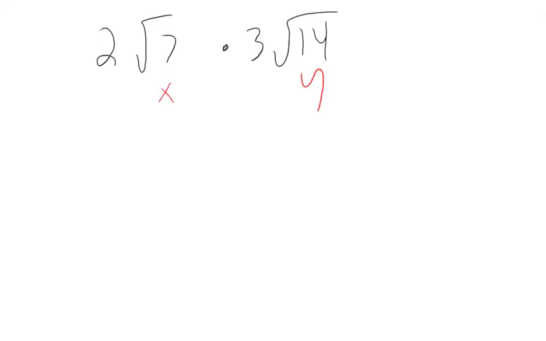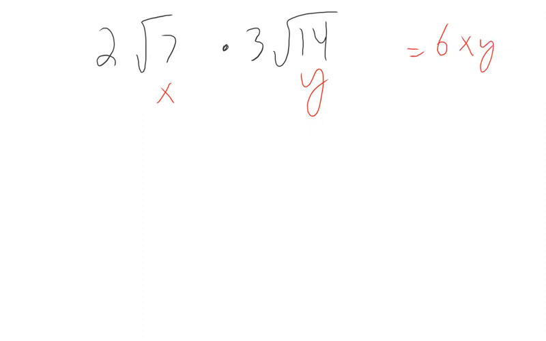So when we multiply and divide, if I have 2 radical 7 times 3 radical 14, again, if I treat this as a variable, if this was 2x times 3y, my answer would be 6xy. Notice we do multiply our variables.